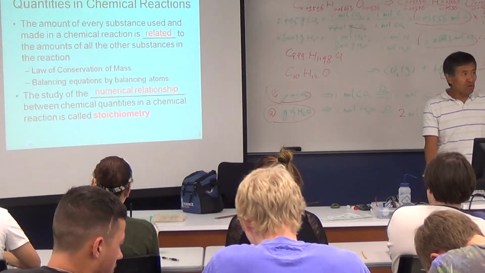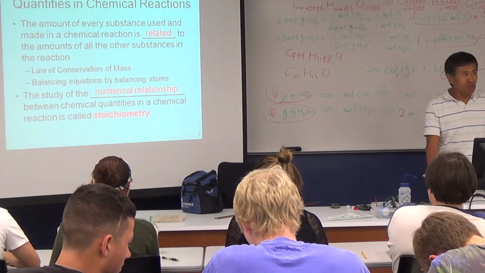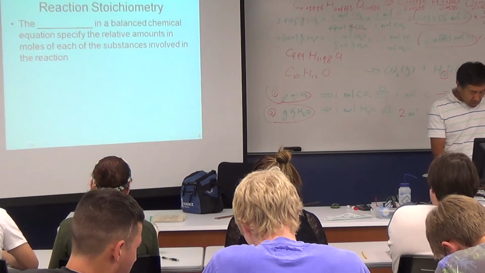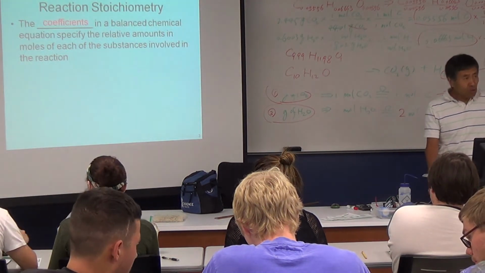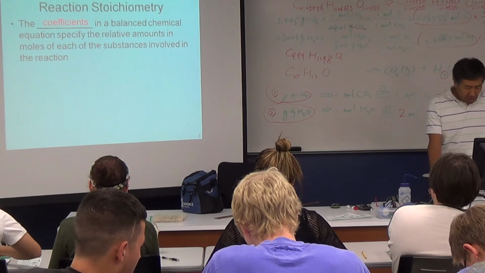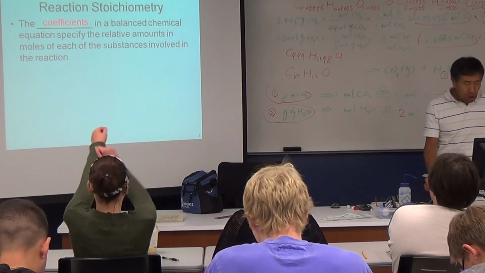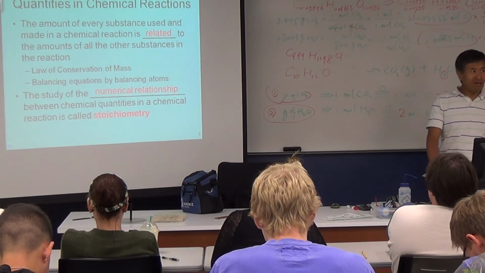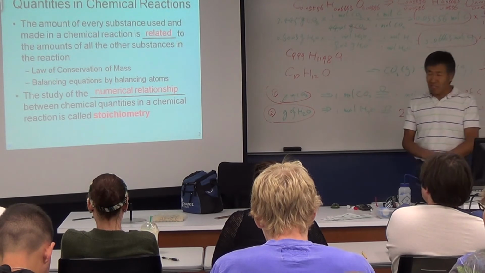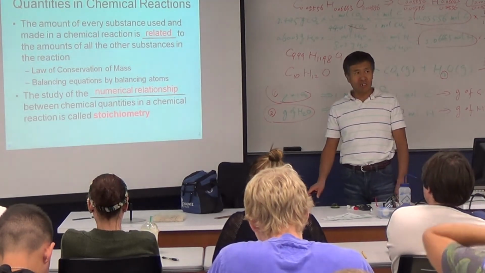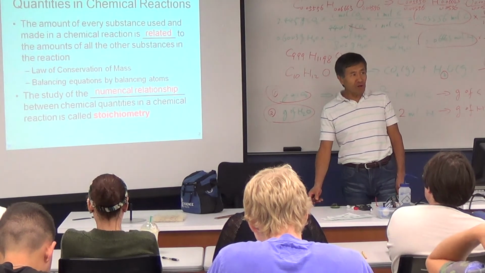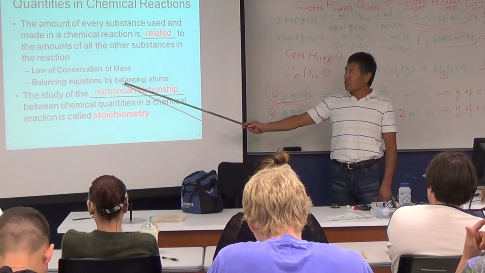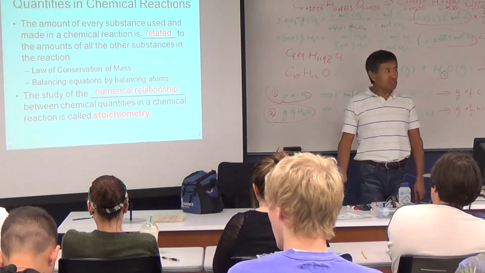We call this kind of calculation stoichiometry. The coefficients, as I emphasized before, in the balanced equation specify the numerical relations, so it's very important. You get those numerical relations from the coefficients.